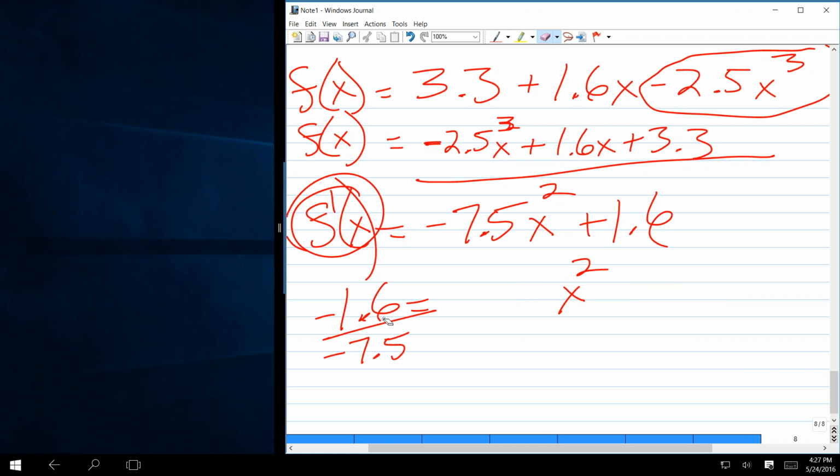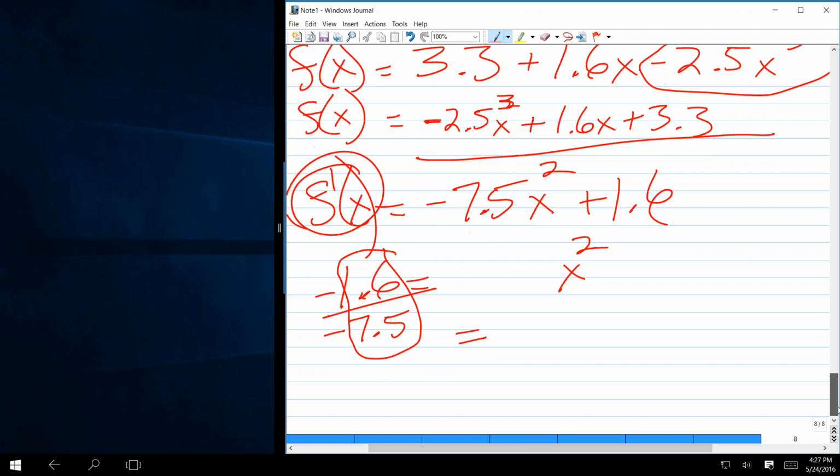In other words, x is the square root of that number. Well, the square root of that number is not quite easy, but that's x. That's where on the x-axis your tangent line is horizontal. Okay? Let's not spend too much time there, especially if you haven't had that. It's a bit puzzling.